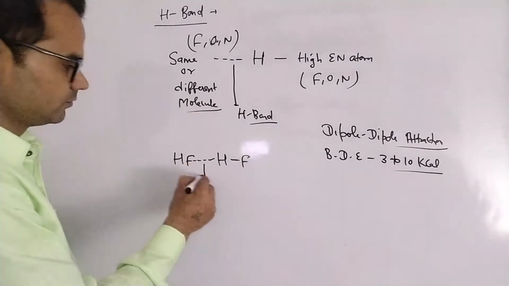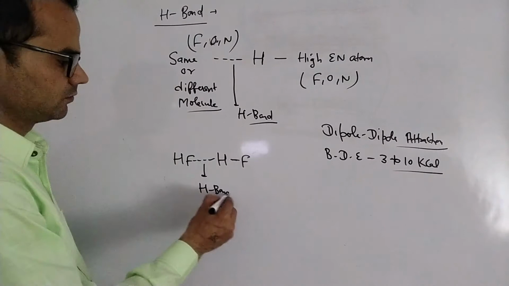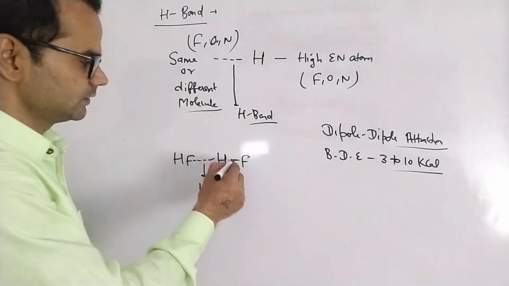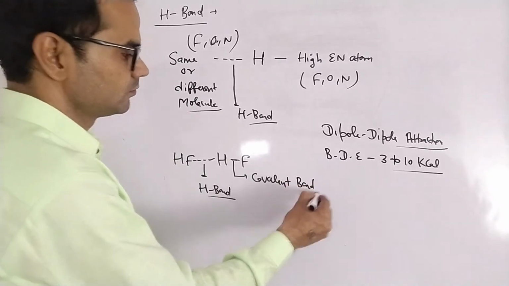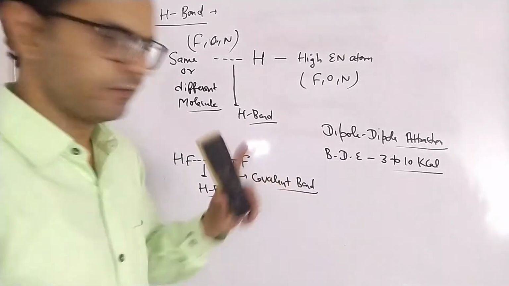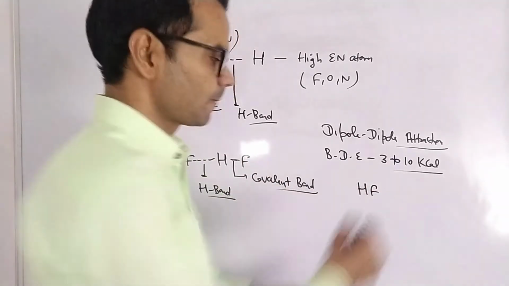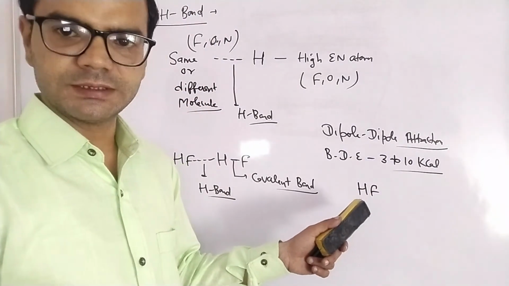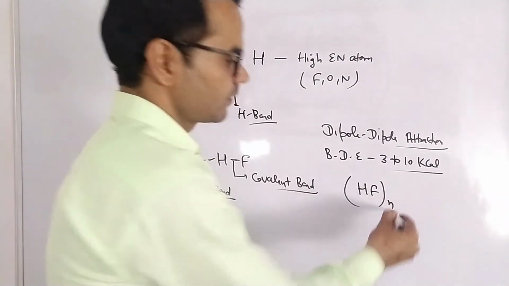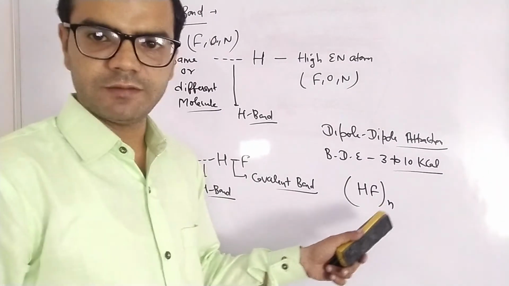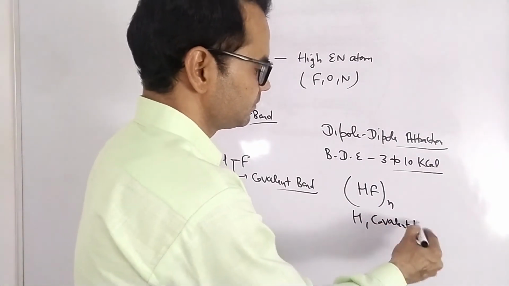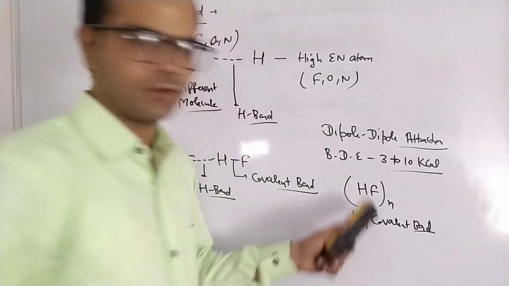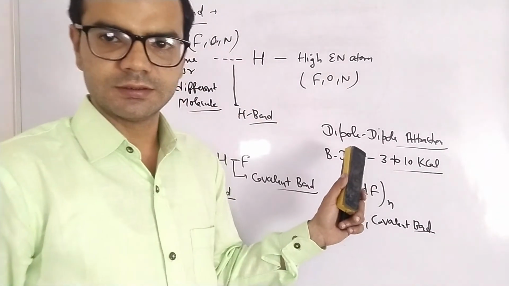Now this is a hydrogen bond, but this is a covalent bond. So if we have one molecule of HF, we will say only covalent bond is present. But if we have n number of HF molecules, then we will say hydrogen and covalent bonds are present.